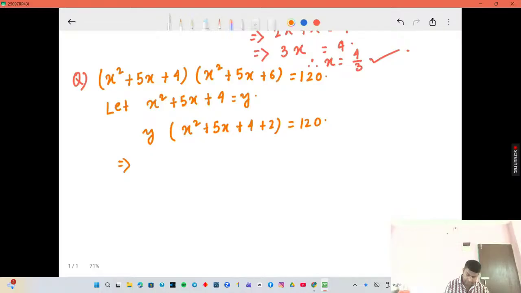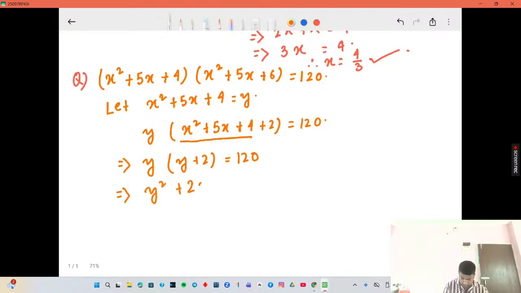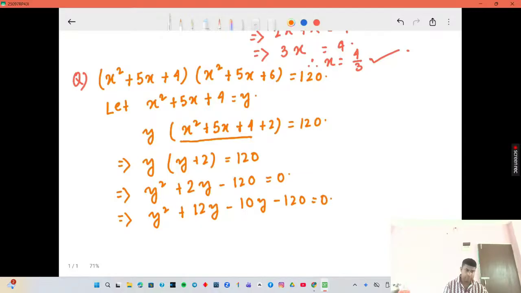So for this part we can take y. Okay, so y plus 2 is equal to 120. Now y square plus 2y minus 120 is equal to 0. So now y square plus 12y minus 10y minus 120 is equal to 0.